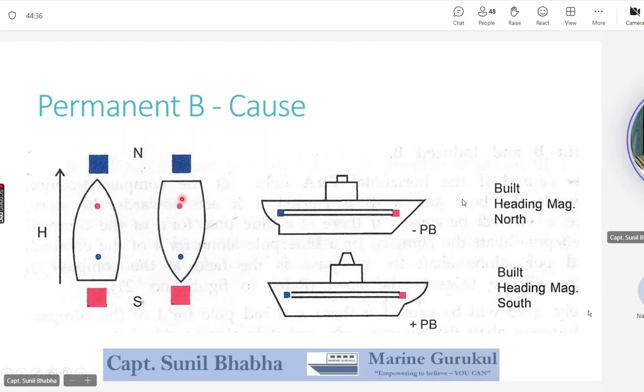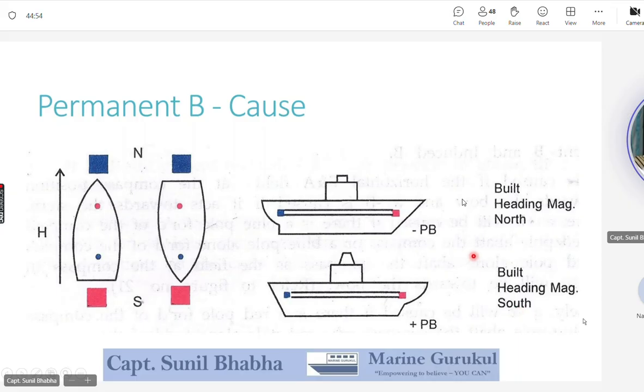Now, these poles which are generated are permanent poles. So depending upon whether the ship was built on a northerly heading or a southerly heading, you will have a blue bow or a red bow.